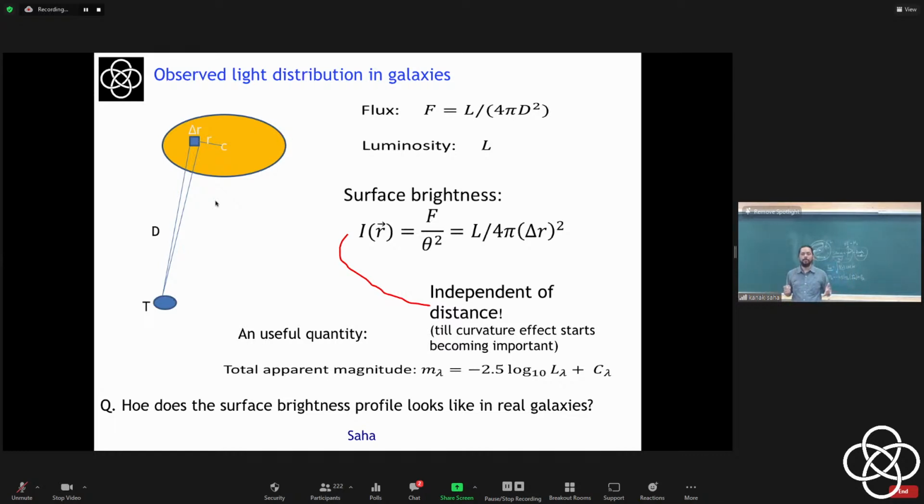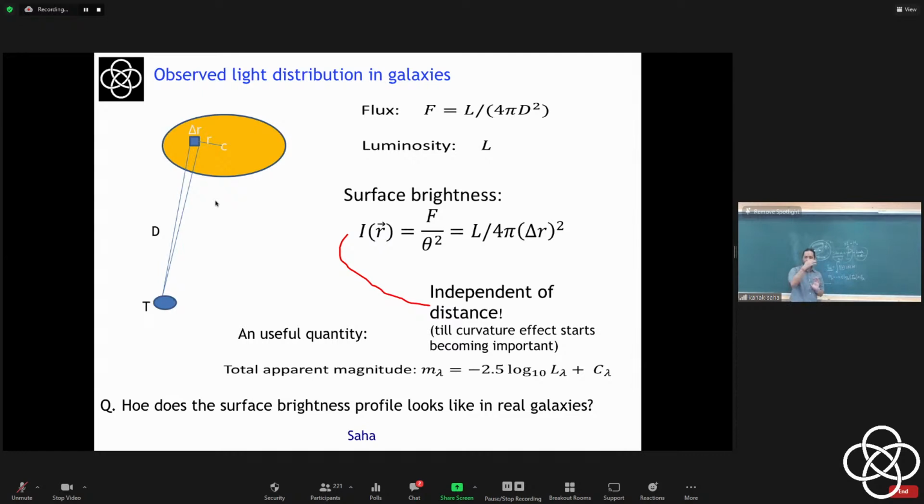In astronomical measurements, we always measure the light of a galaxy in certain pass bands. There can be many different kinds of pass bands. You have the telescope, and the photons enter the telescope and then get detected in your camera.